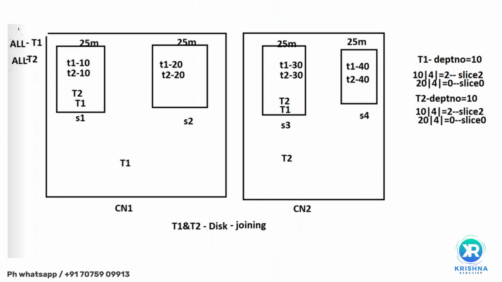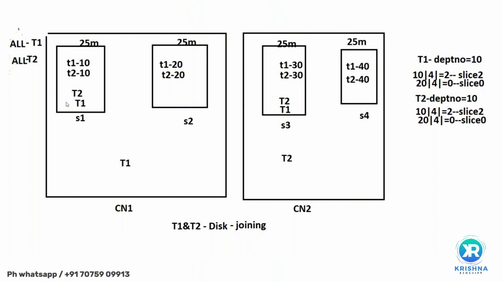Whatever record is there in that slice, it will join there. So no problem. Of course, if both the tables are ALL and ALL, then no problem, because this table's copy is also available in slice one and this table's copy is also available in slice one. Somnath, you got this point? If both are ALL and ALL.